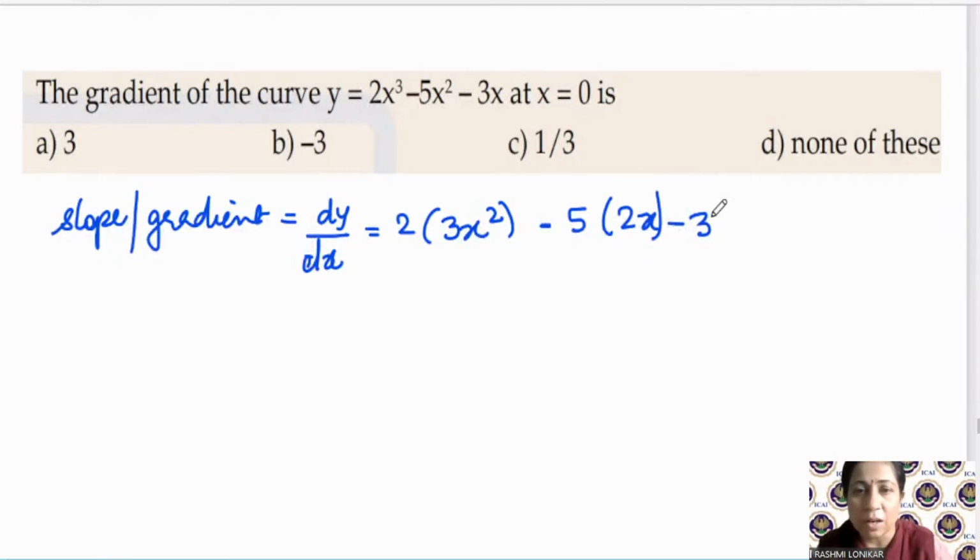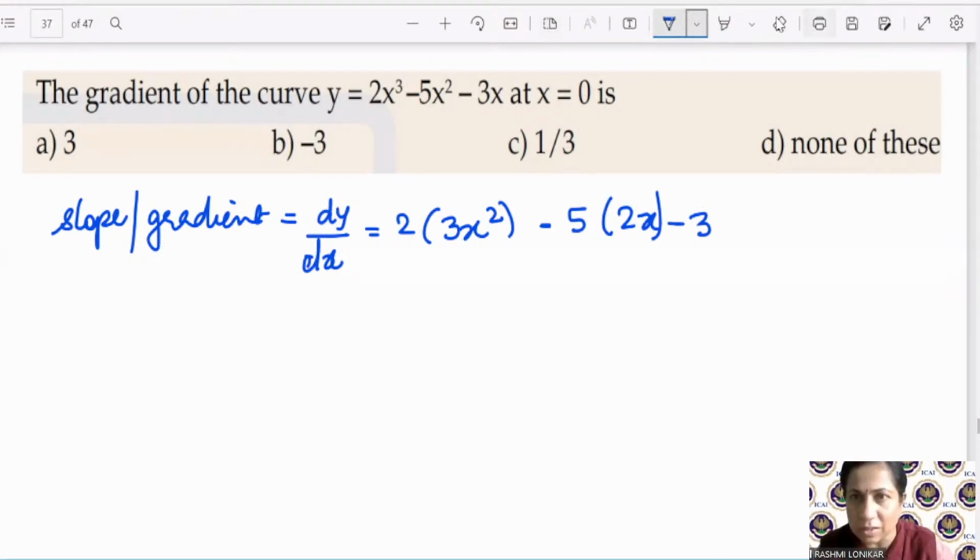The derivative of 3 is 0. So this is equal to 6x square minus 10x. Oh, no, it is 3x. Sorry. The derivative of 3x is 3, minus 3.